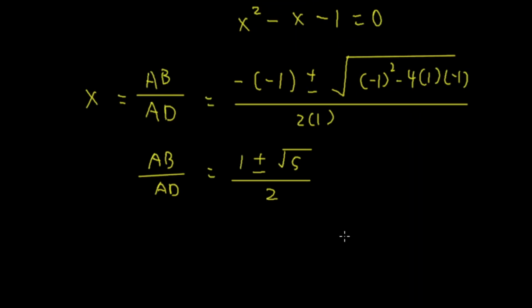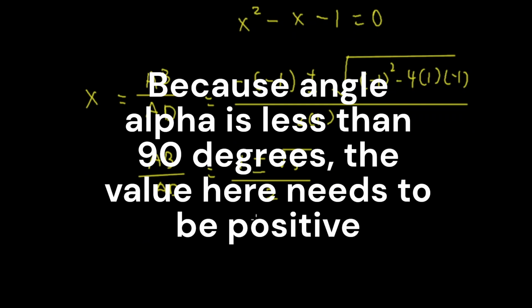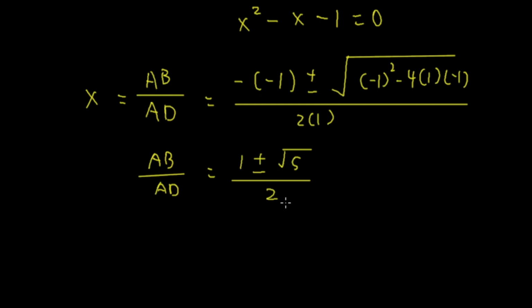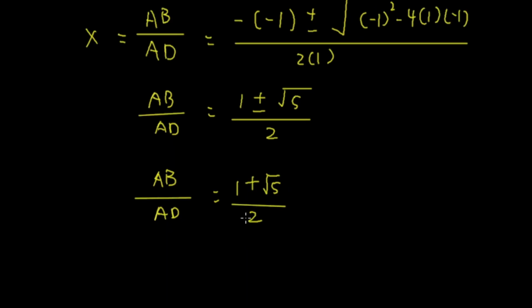Now notice that AB over AD is equal to 1 plus square root of 5 over 2. That's AB over AD.